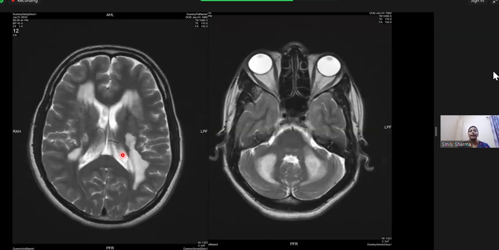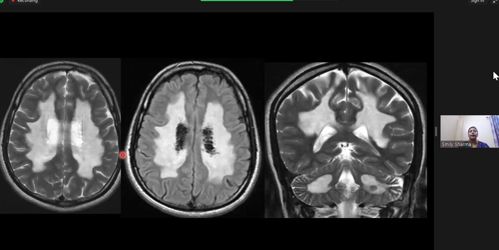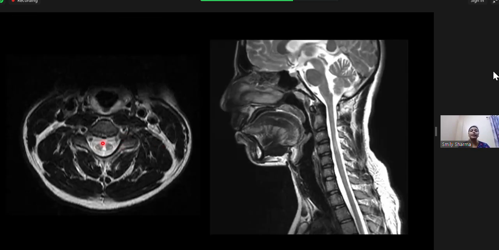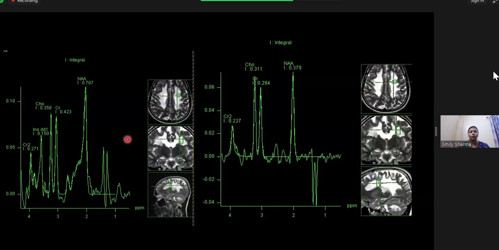Whenever there is involvement of the periventricular white matter and cavitating leukoencephalopathy, the DARS2 gene is associated with it, along with involvement of the brainstem, MCPs, and the very characteristic appearance of involvement of central as well as lateral corticospinal tract. So this is a case of LBSL. One very important feature is that LBSL is usually associated with a very large lactate peak.